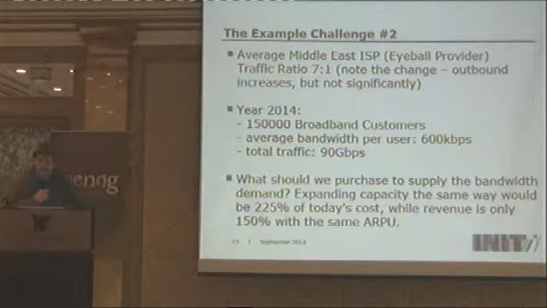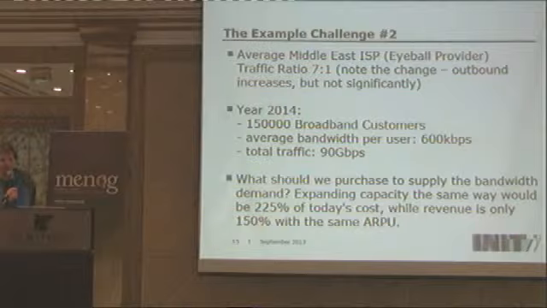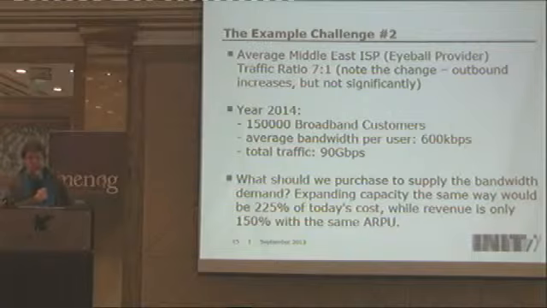Their marketing department makes a lot of effort to connect new customers. They grow by 50% to 150,000 users, but at the same time, the users eat more bandwidth. They also go up by 50% in this example: 150,000 users, 600 kilobits, total traffic 90 gigabits.